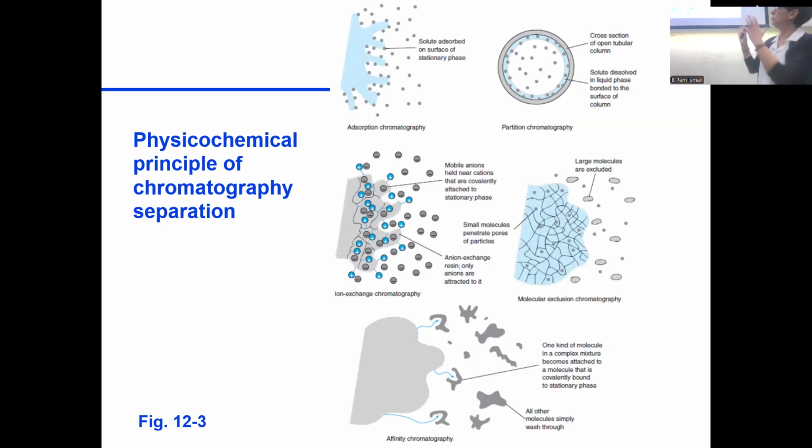So what I want you to learn here is there are different physical-chemical bases for separations, based on how the molecules in your solution or in your sample are interacting with a solid phase, a liquid phase, just based on size or based on chemical interaction. All right. So I guess I will stop here today and then we'll continue next time.